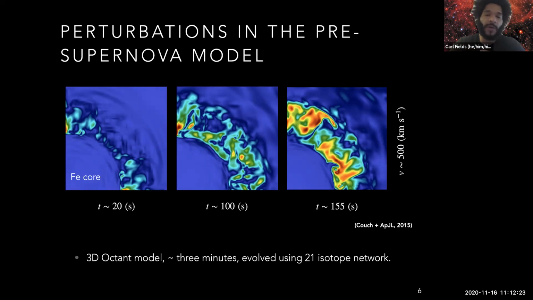We see the iron core, very low radial velocity activity in the middle, and then outside of that is the silicon shell region. As we move left to right in time, in the last slice of their model, you see that you can get radial velocity speeds up to about a couple hundred kilometers per second. So this non-radial flow can have significant implications for when that model is then collapsed and exploded in a 3D simulation. This begs the question: how can we capture this in 1D simulations, or are 3D simulations necessary to get an accurate picture of what the progenitor looks like before collapse?